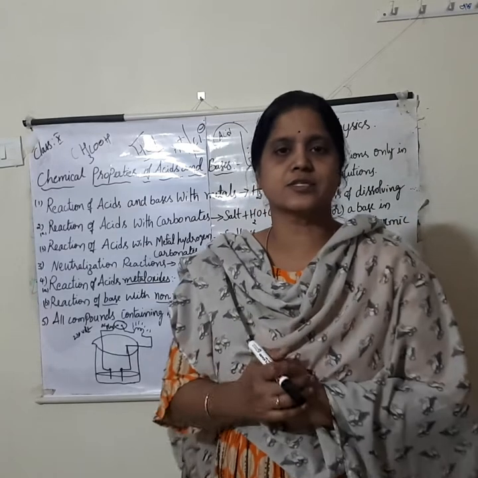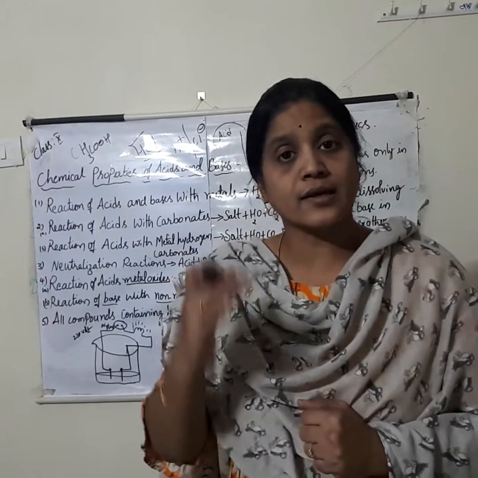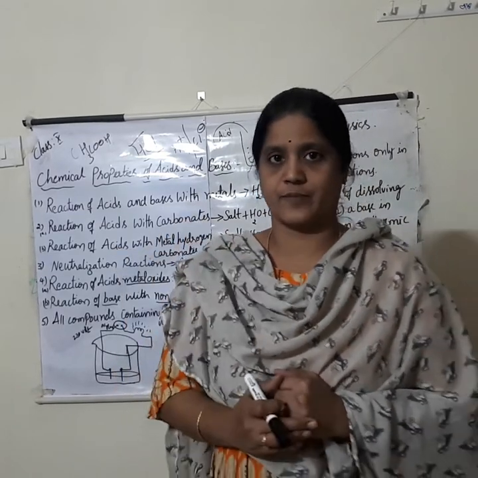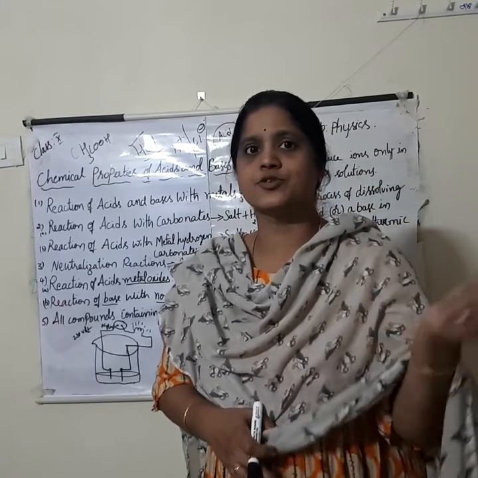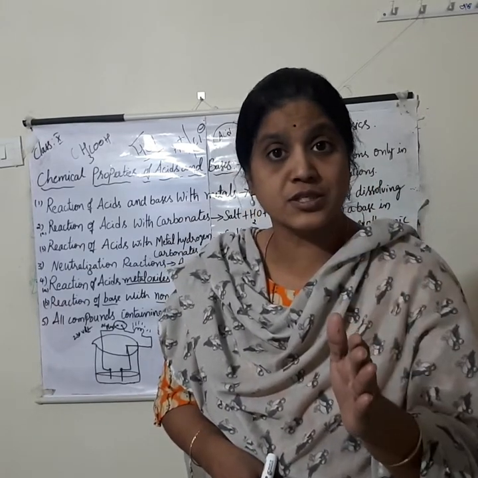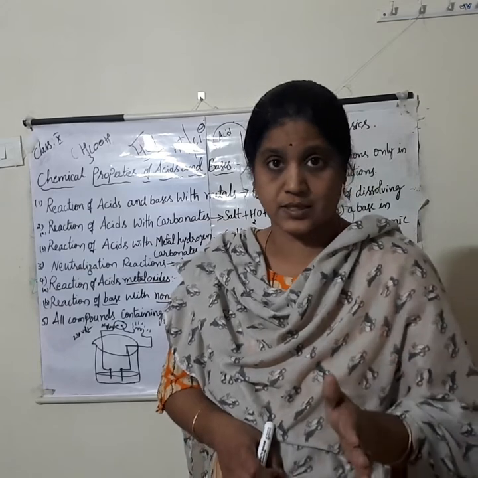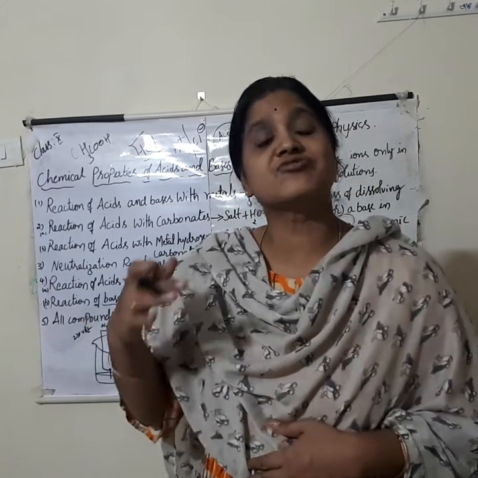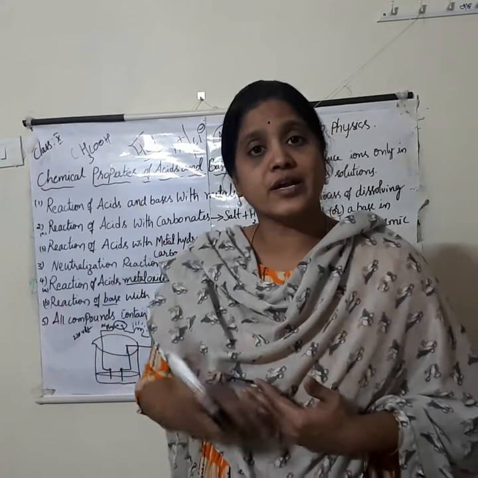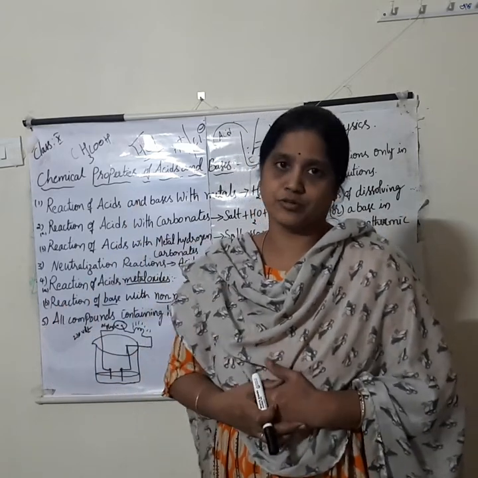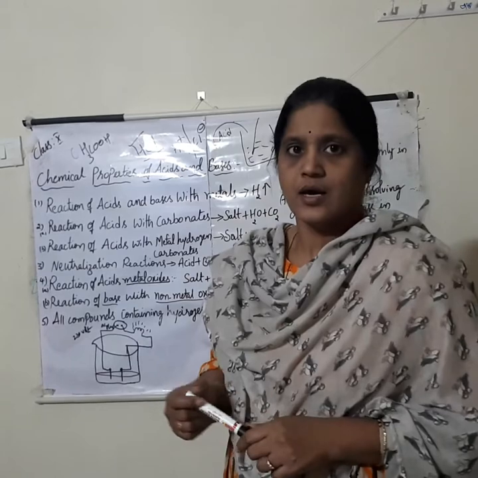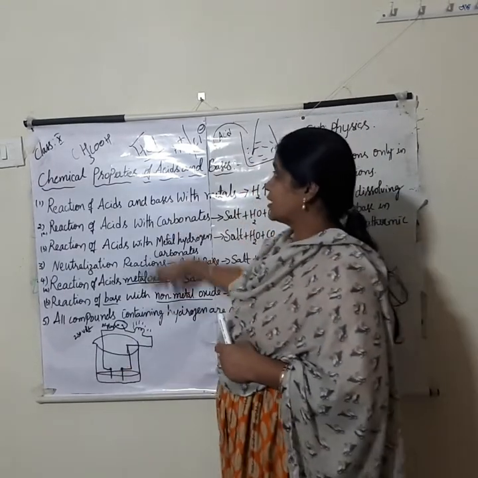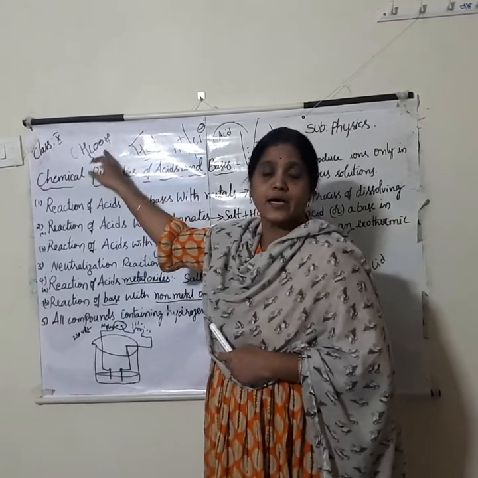By using litmus papers, you can find out whether the given solution is acidic or basic. But here, by using the universal indicator, you can find out the strength, the concentration of the given solution. Okay. And coming to this activity, strong acid and weak acid.